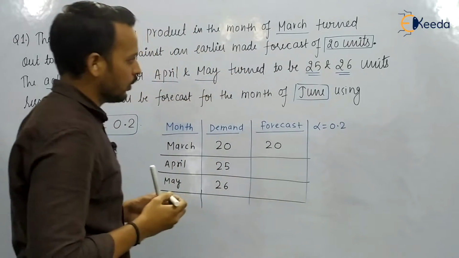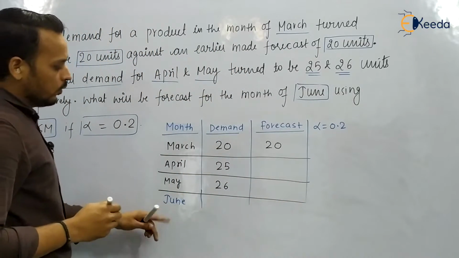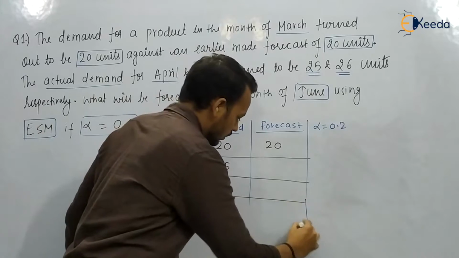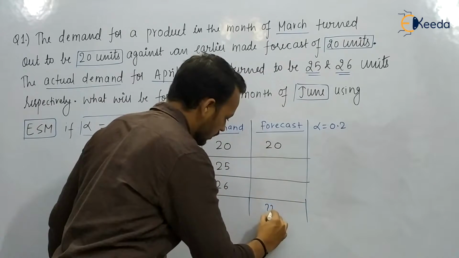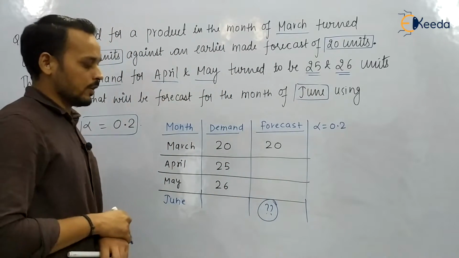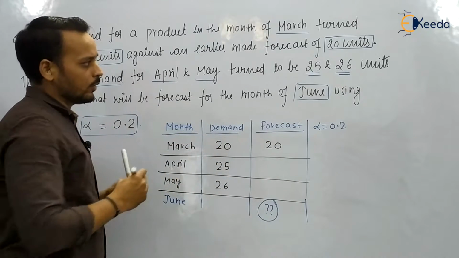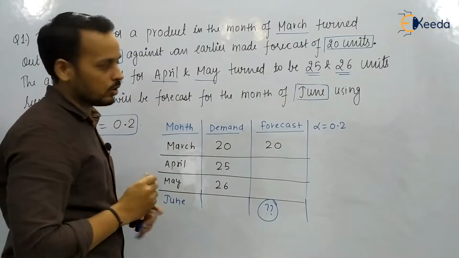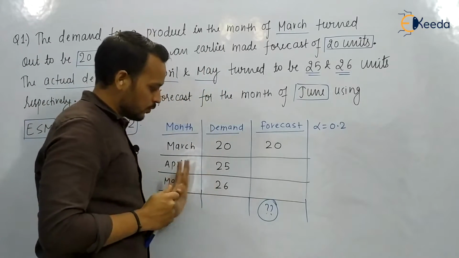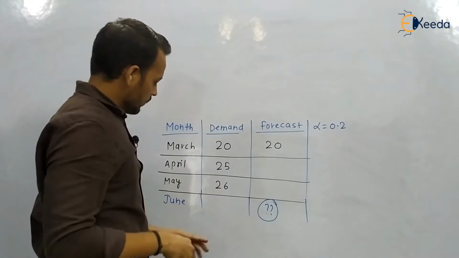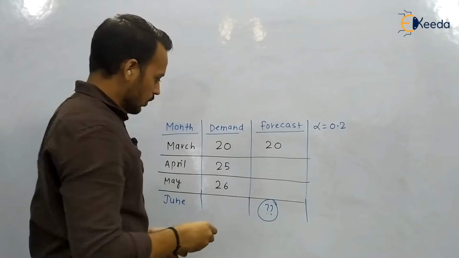Every piece of information has been written in this table, so now we can remove the question. Now we have to calculate the forecast for the month of June.